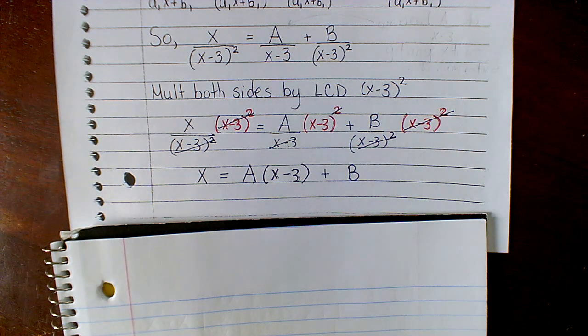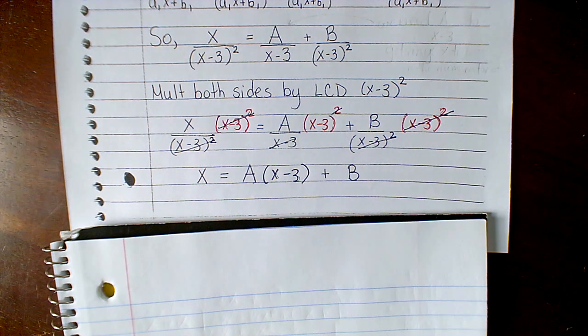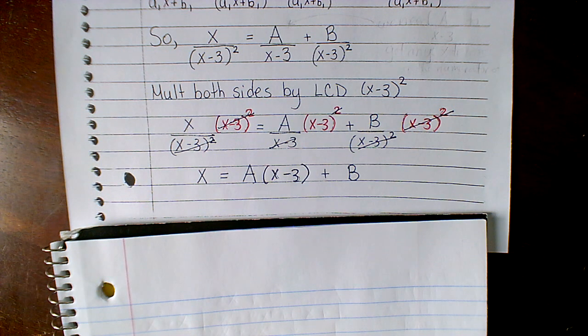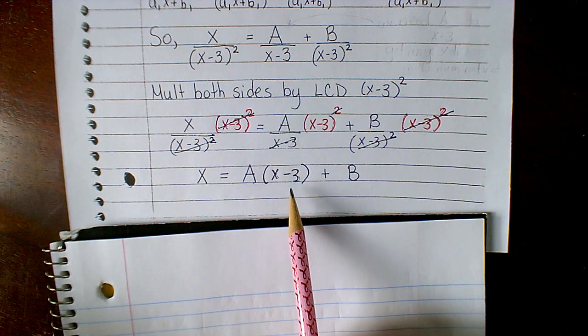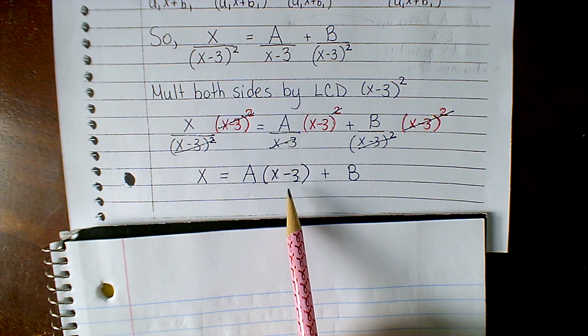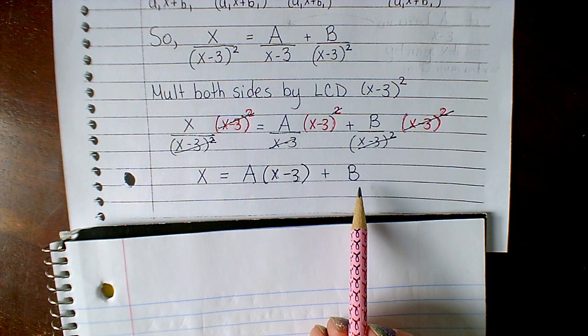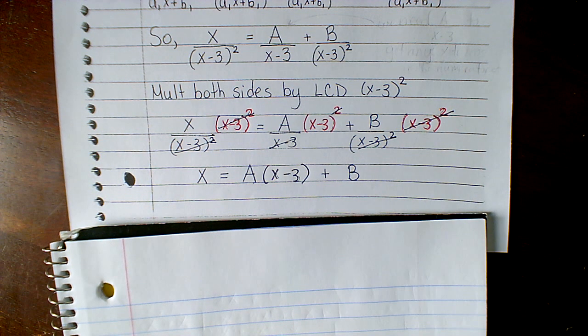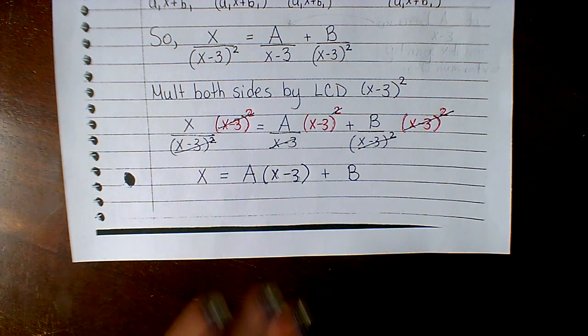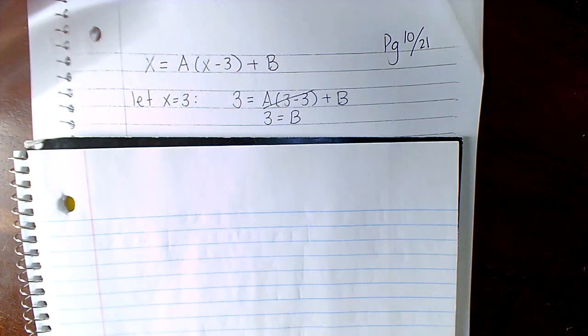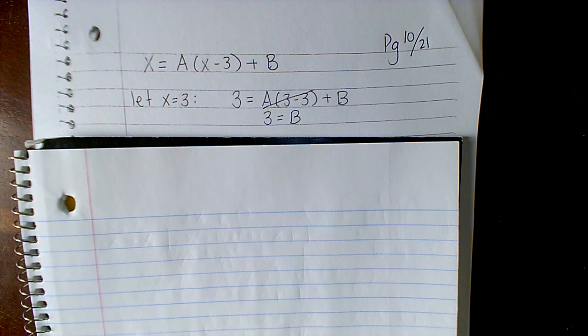All right, so what is going on? We have to start picking numbers for x. You may be thinking ahead, being like, well, I'm definitely going to use 3, because that's going to get rid of A. But how am I going to get rid of B? There's no x next to it. I'll show you. So, like I said, we're going to let 3 be x.